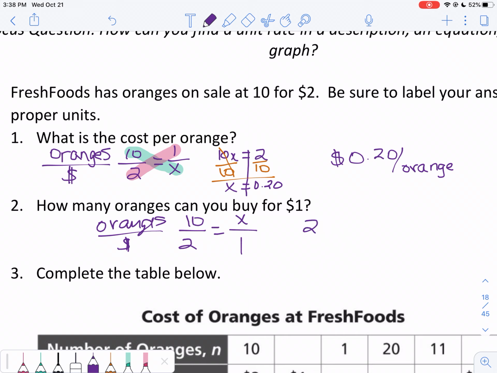So 2x equals 10. Now this one is 10 divided by 2. So x equals, not 2, 5. So 5 oranges.